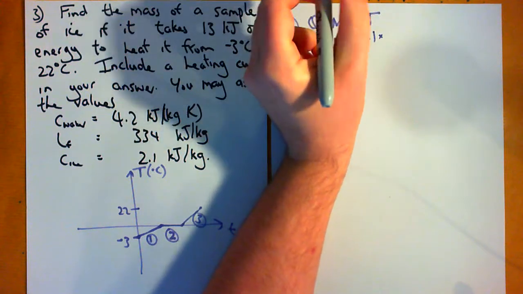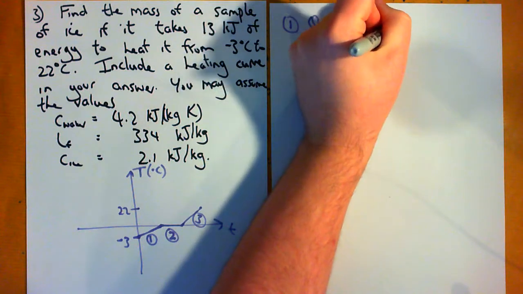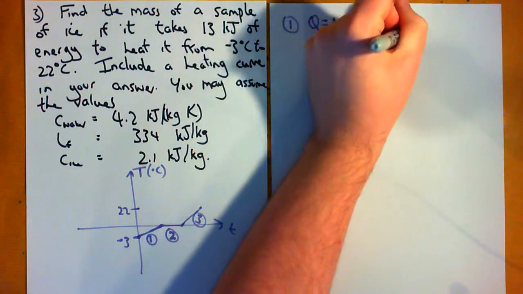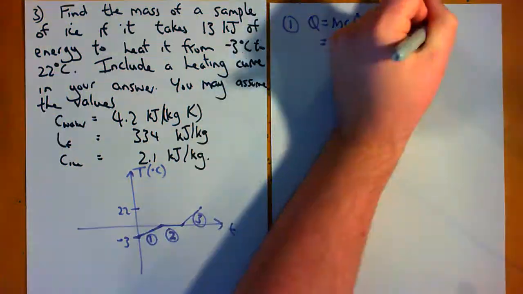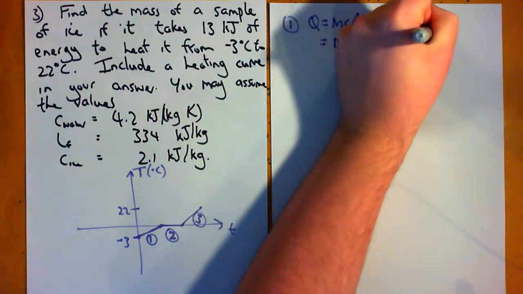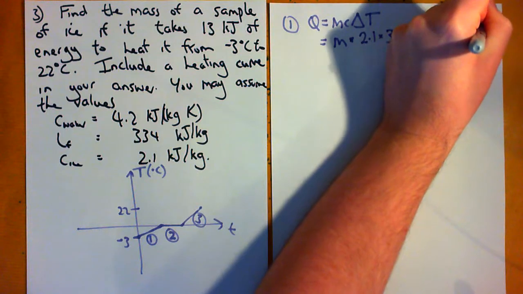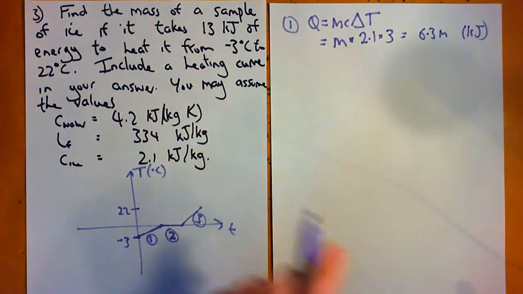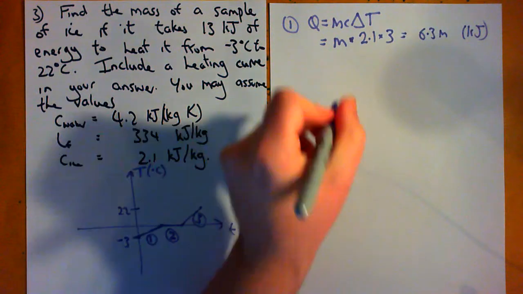And the change in temperature is, we're going from negative 3 to melting point, which is 0, so that's just 3 degrees. So if we calculate that, we are going to end up with 6.3 times the mass, and the units are in kilojoules, since everything here is given in terms of kilojoules.